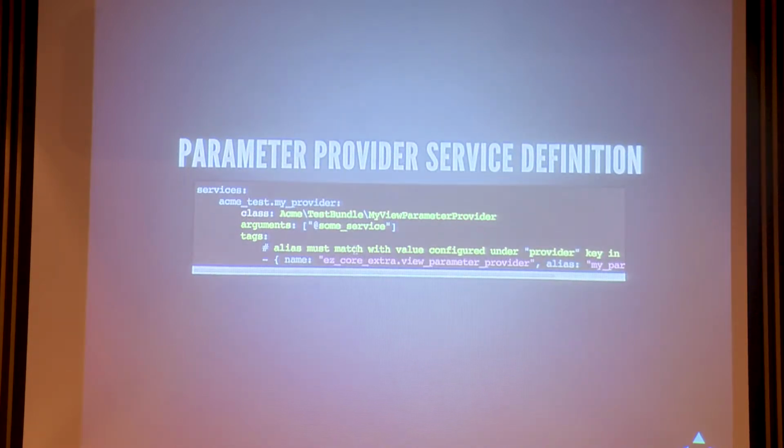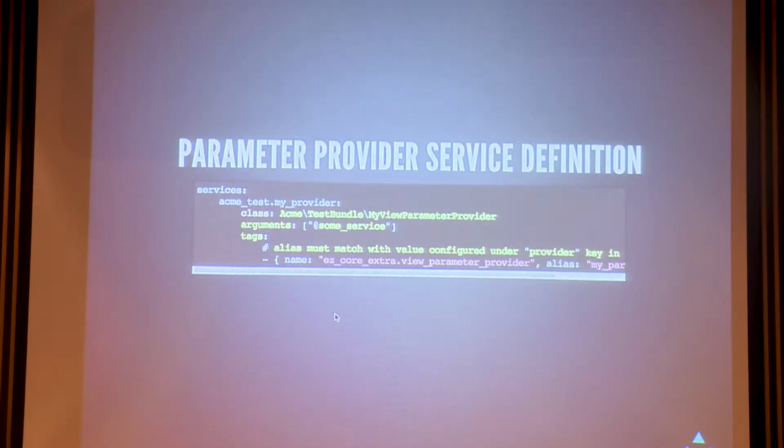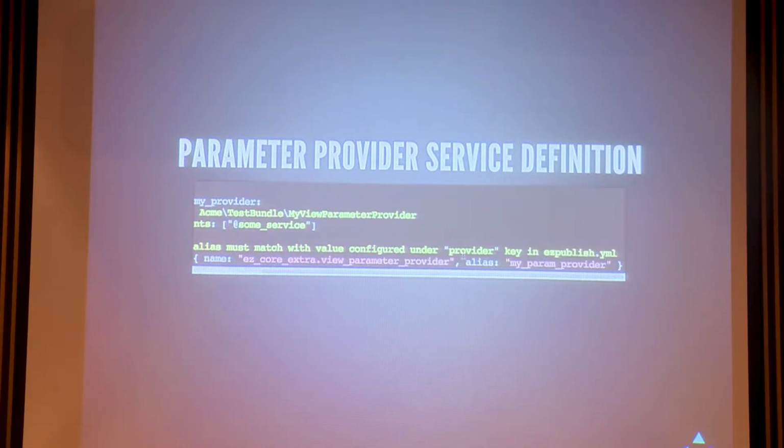So for that, of course, you need to implement a service. So you have a service definition here. So here we have some service reference. And most important is that you need to have this tag here, which is ez_core_extra.view_parameter_provider. And for now, you need to implement the alias for my provider.